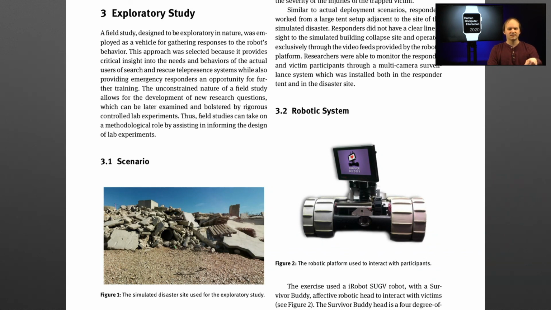At the university I was at, Texas A&M, they have a large facility called Disaster City, where we have a lot of simulated disaster scenarios like building collapses, train derailments, fires, all kinds of things. And it's a facility that's used to train a lot of people that respond to these events. But we also use it to test robots that would be used in these kinds of events.